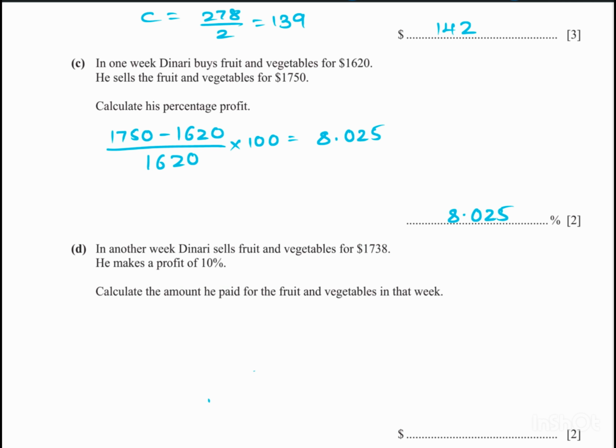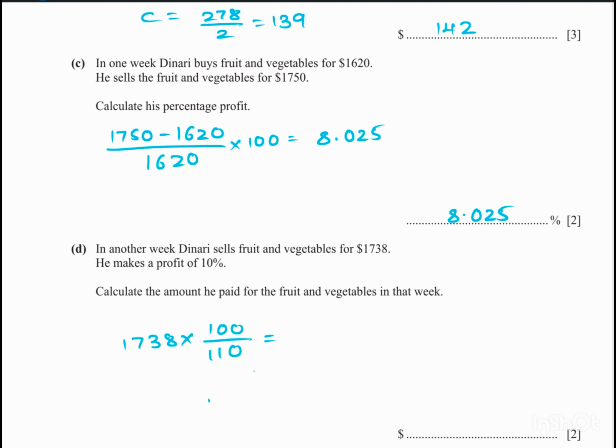In percentage increase, to find out the original amount we need to take the amount after increase, that is 1738 multiplied by 100 by 110, that is 100 plus 10 percent.